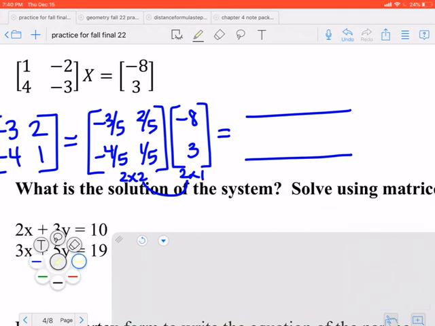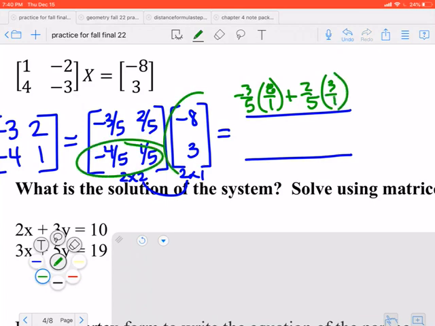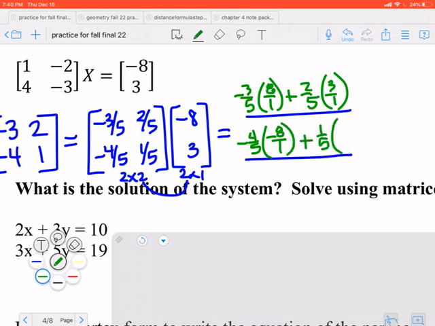So let's multiply. That would be negative 3/5 times 8 plus 2/5 times 3. And now second row by column: negative 4/5 times negative 8 plus 1/5 times 3.